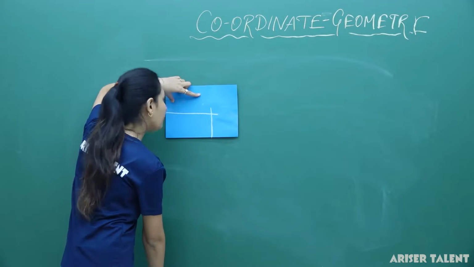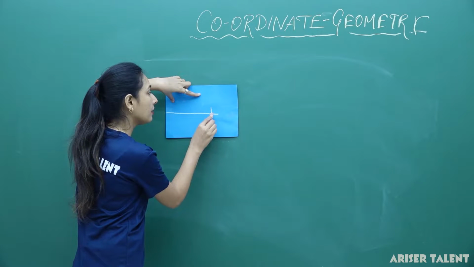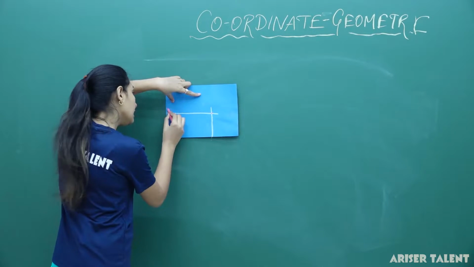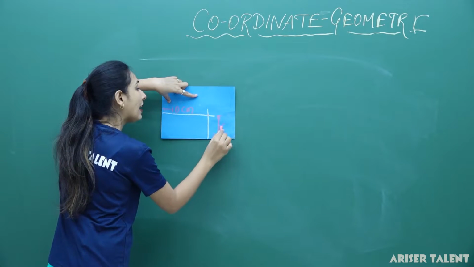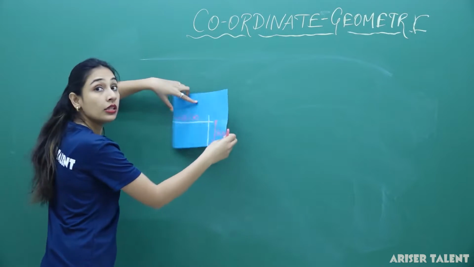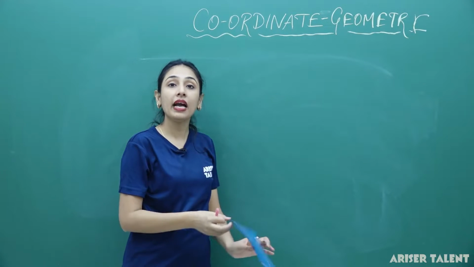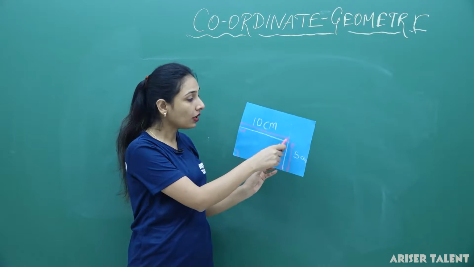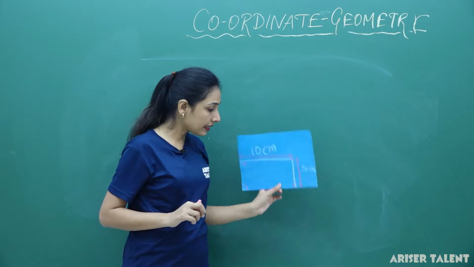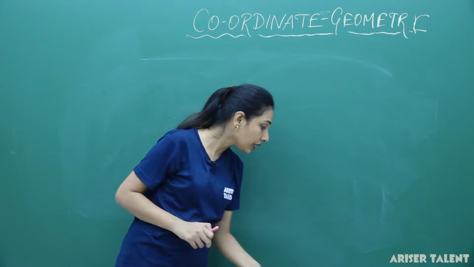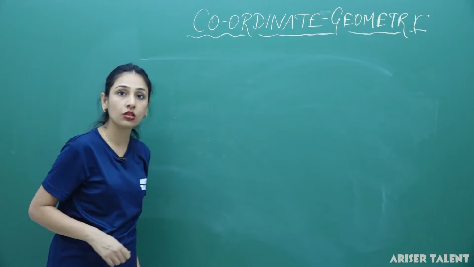Now you will get the same exact point here. Again, this is 10 centimeters and this is 5 centimeters. Now I'm getting the same exact position that I took before. So this is how coordinate geometry works, students. Is it clear to you guys or not?